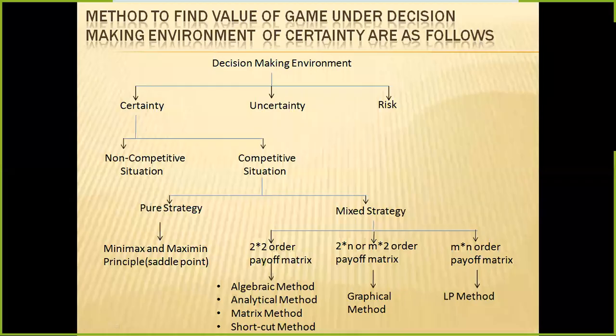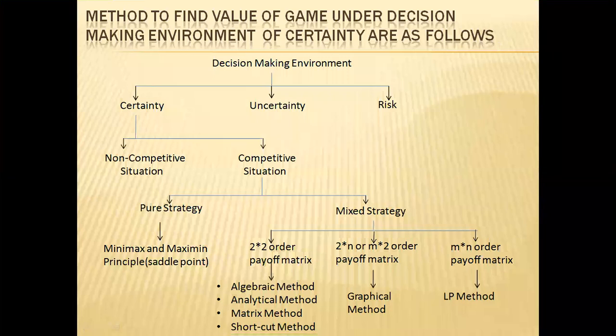But in the case of the graphical method, if the constraints haven't been satisfied for solving, then we have to proceed to the m by n order payoff matrix. That is nothing but formation of the constraints by utilizing the linear programming technique or linear programming method.